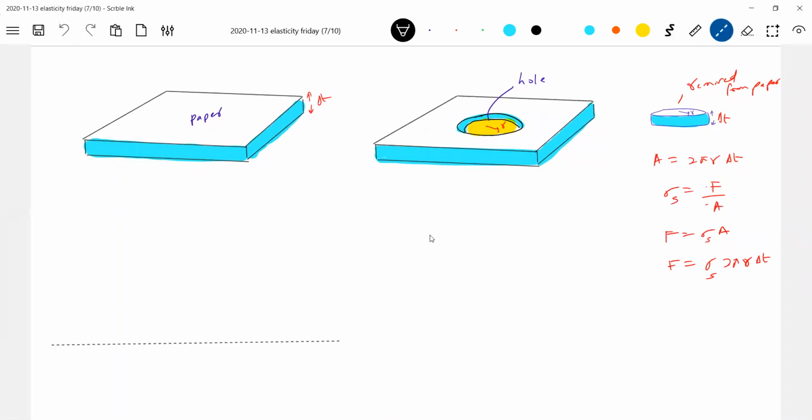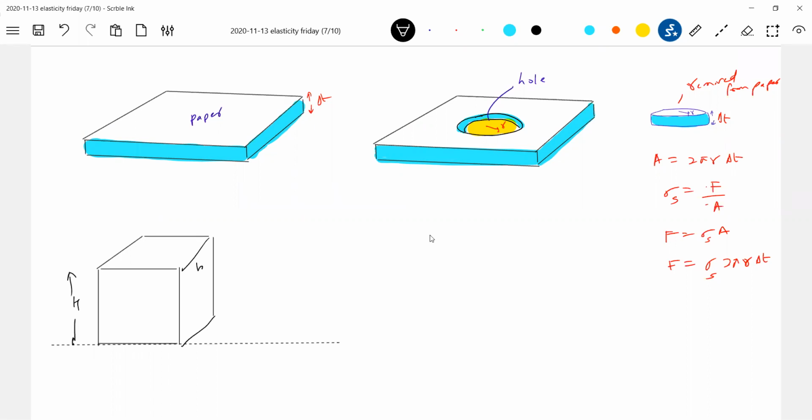This is the structure we assumed. Now I'll apply a shearing, tangential force.